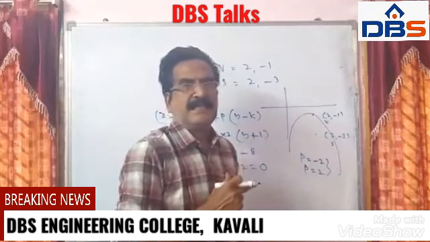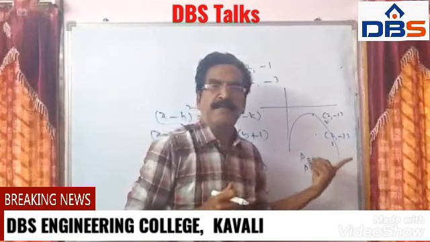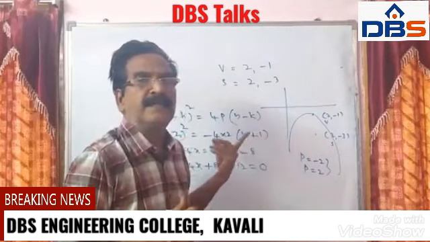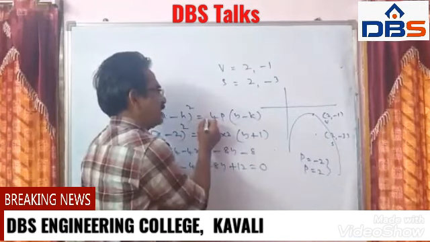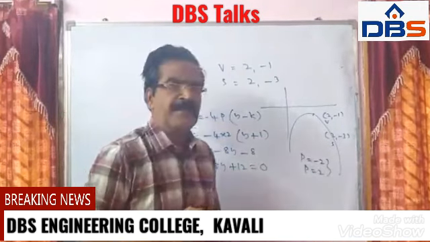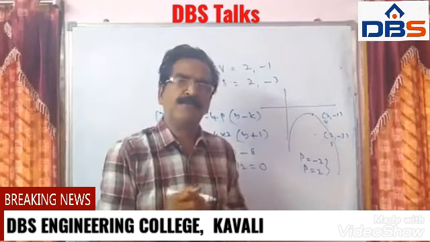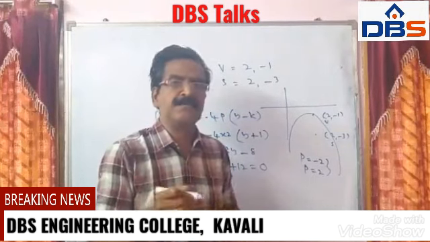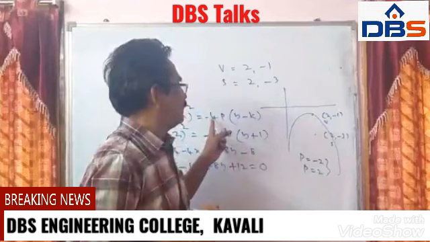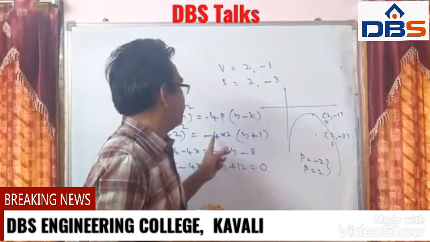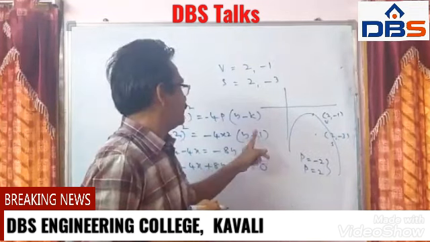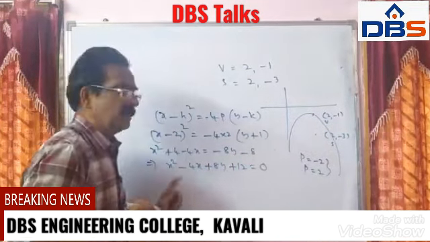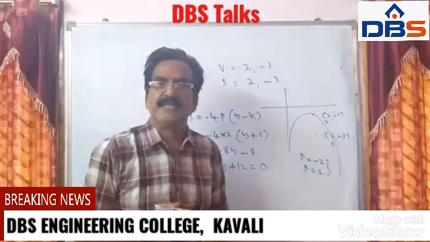So this is downward open. Then the equation is x minus h whole square is equal to minus 4p into y minus k, minus 4 into 2 into y plus 1. So the required equation is this, friends.